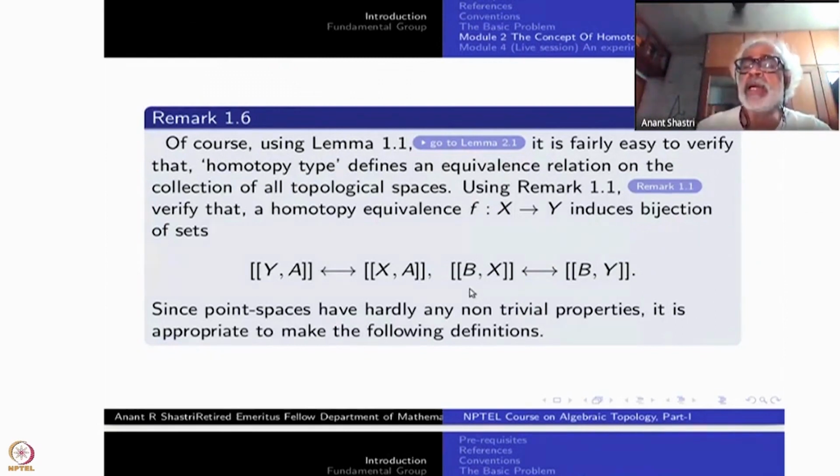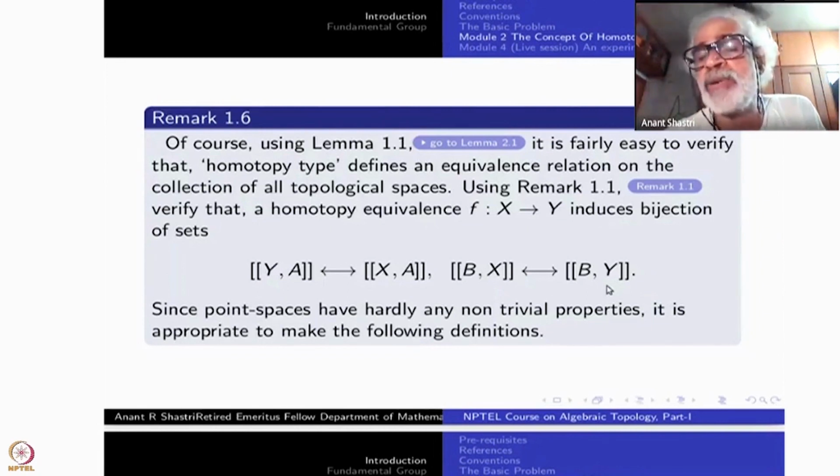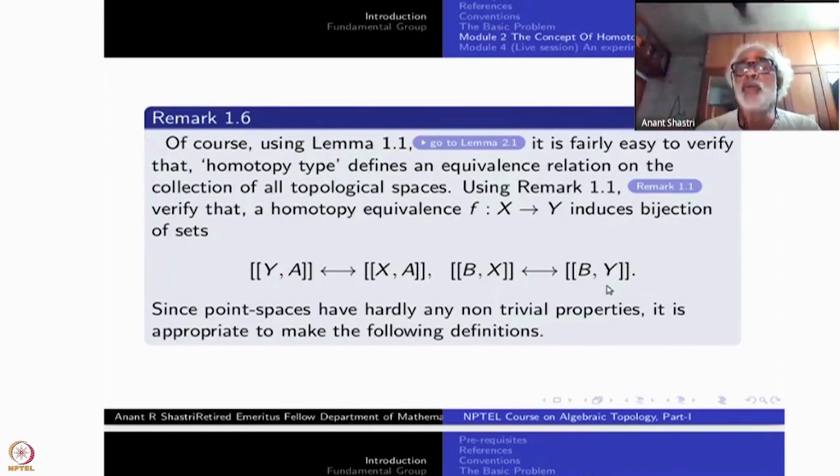Keep using compositions, and compositions are associative. Similarly, all functions from B to X are in one-one correspondence with all functions from B to Y when you take homotopy classes. The functions themselves may not be in one-one correspondence. When you take homotopy classes, there is a one-one correspondence.